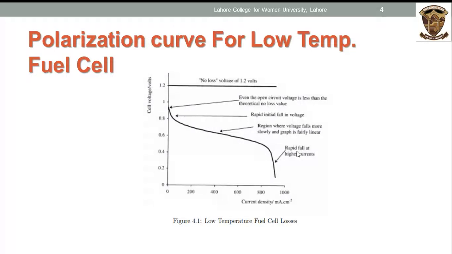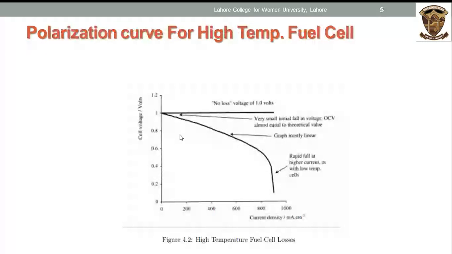This is the low temperature fuel cell. This is the graph which is showing the polarization curve for low temperature fuel cell. So for it here, the cell voltage is 1.2 volt, whereas for high temperature fuel cell, the cell voltage is 1 volt.